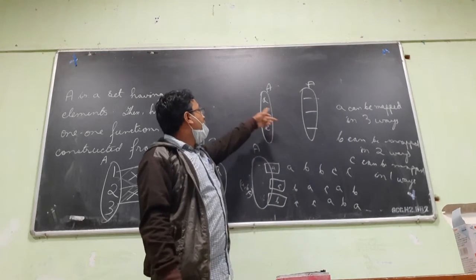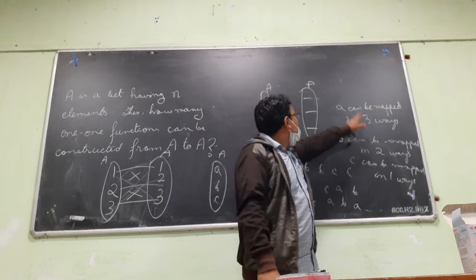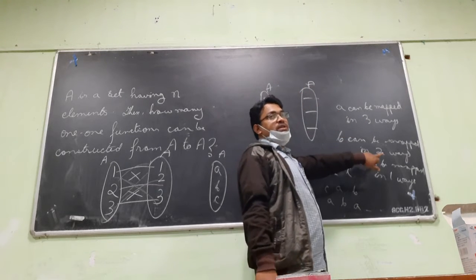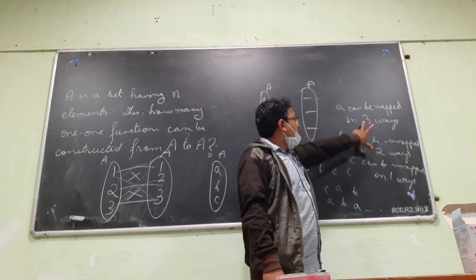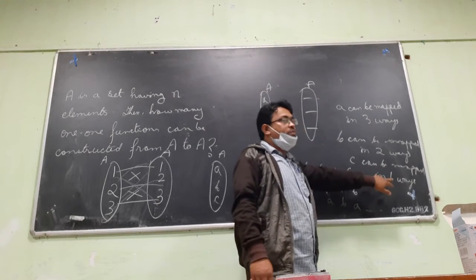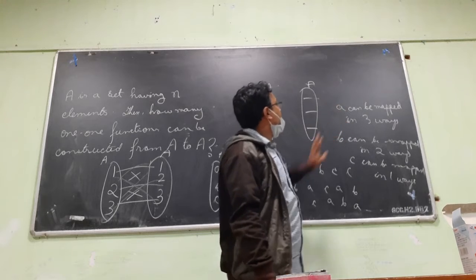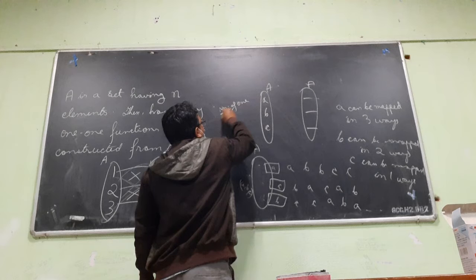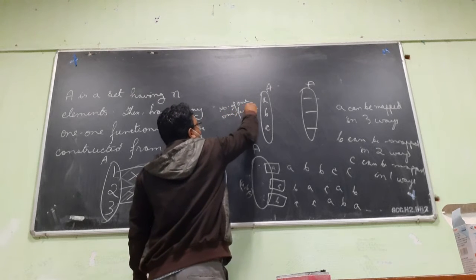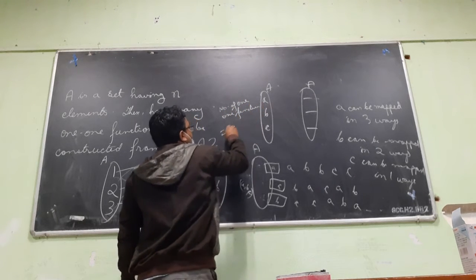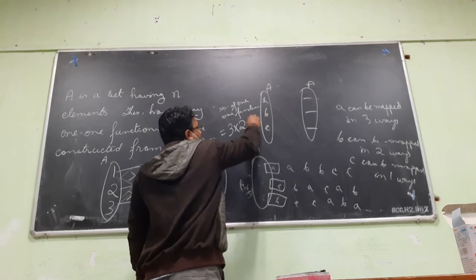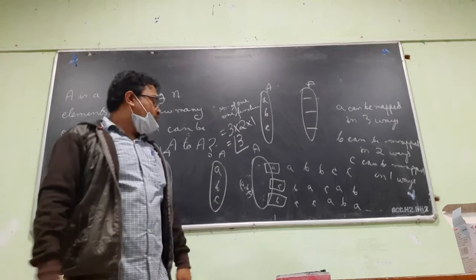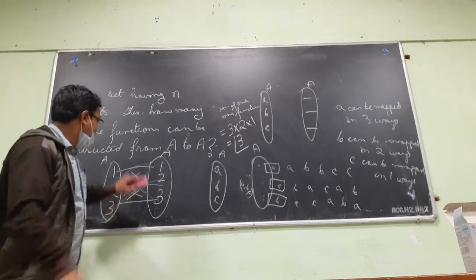So the number of functions is, for each way of placing A, there are 2 ways of placing B, and for each way of placing A and B, there is 1 way of placing C. This is the multiplication rule. So the number of 1-1 functions will be equal to 3 multiplied by 2 multiplied by 1. What is that? It is 3 factorial.